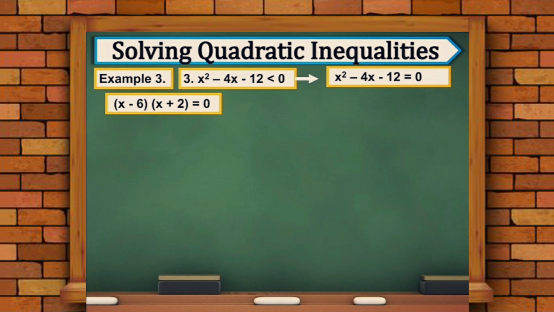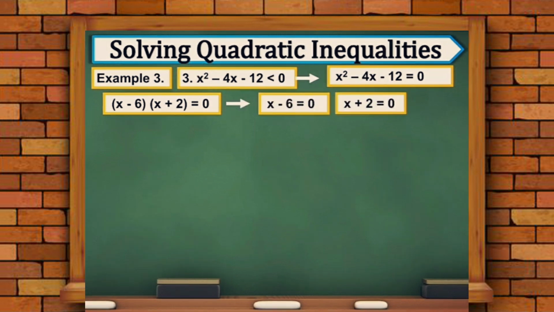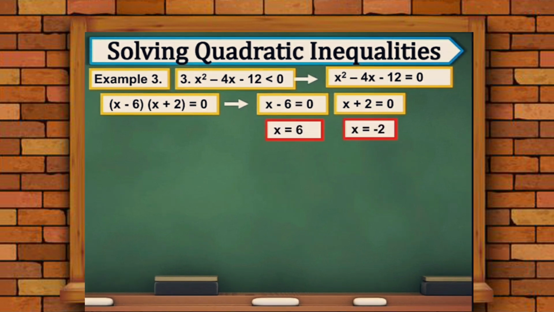And then apply again the zero product property. Just equate it to 0. X minus 6 is equal to 0 and x plus 2 is equal to 0. Then addition property of equality to the left, while in the right is subtraction property of equality.